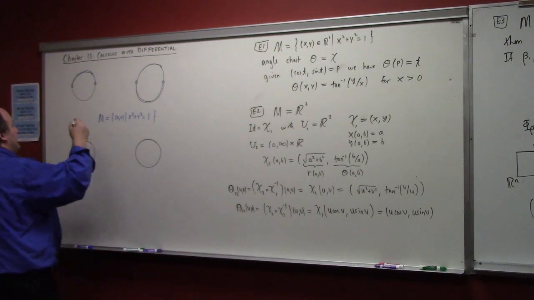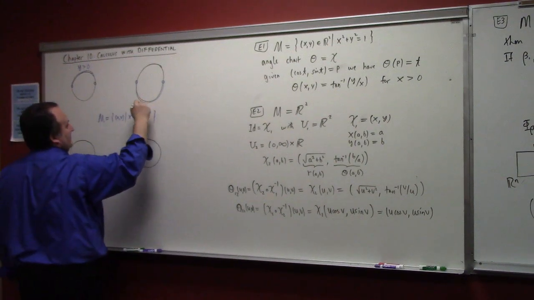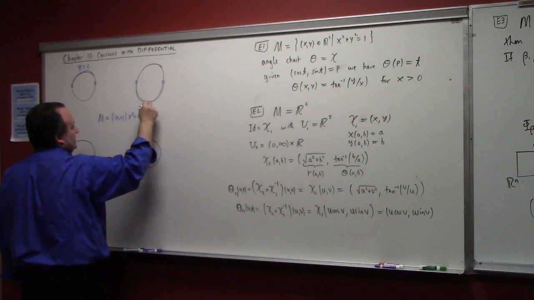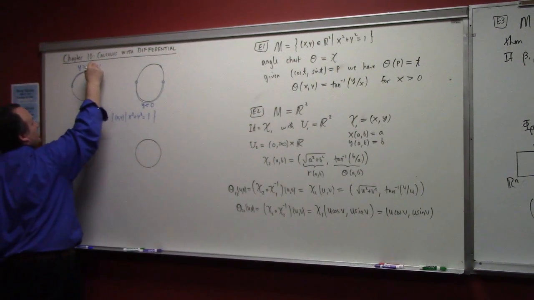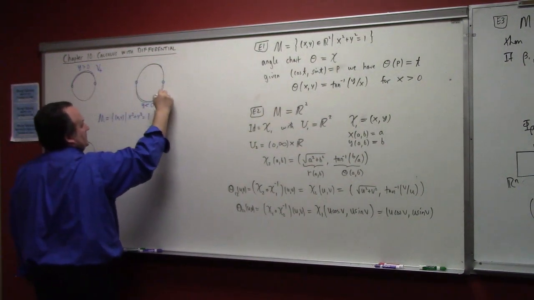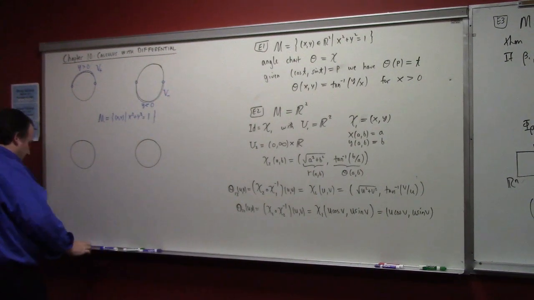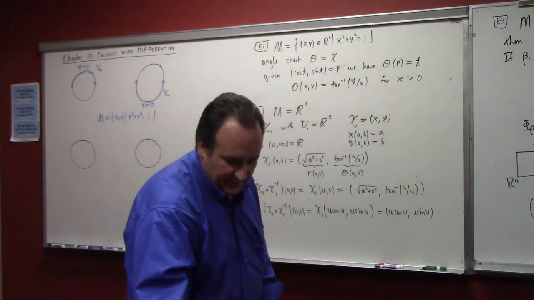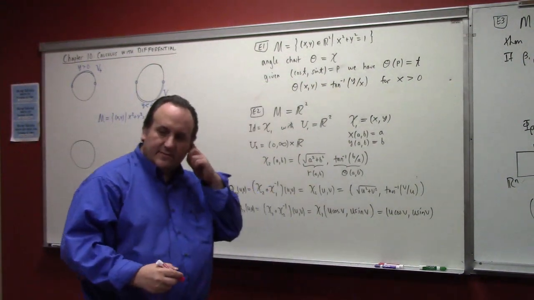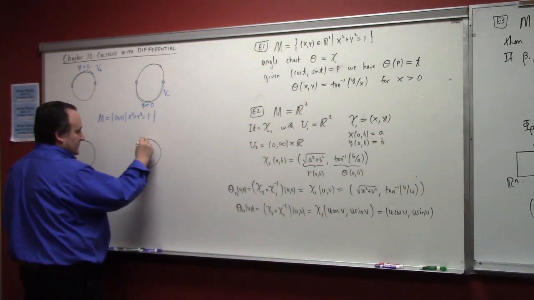So basically here we have y greater than 0. Over here we've got y less than 0, right? And so this is so-called V plus. This is so-called V minus. And since obviously we haven't covered the whole circle yet, we will use also this one.